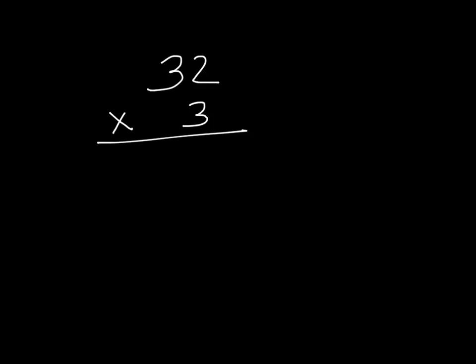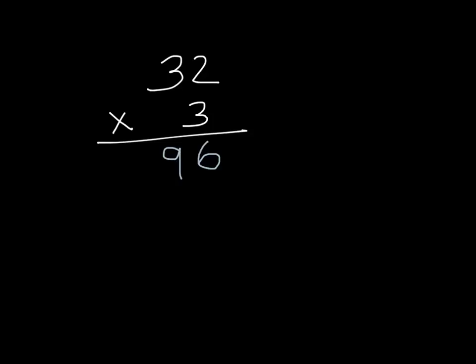Alright, remember we first need to multiply the digit in the ones place up here in the 2-digit number times the digit in the ones place in the 1-digit number, so we have 2 times 3, and that equals 6. And next we multiply the digit in the tens place in the 2-digit number times the digit in the ones place in the bottom number, and 3 times 3 is 9.